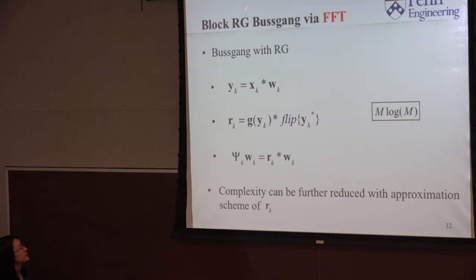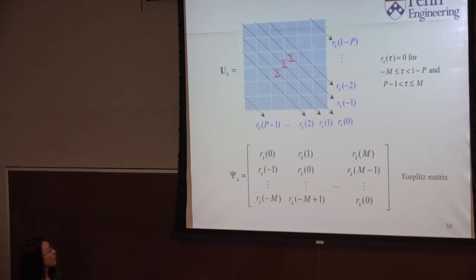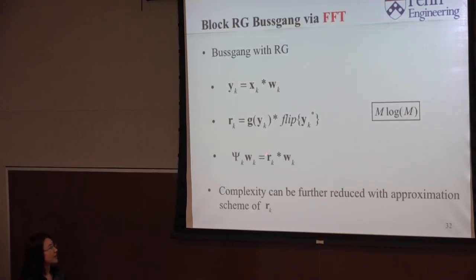For example, with the block relative gradient Pascal algorithm, the equalizer output is a convolution of channel outputs and the equalizer vector, right? And since the terms are the summation of descending diagonals here, we could also get that with some convolution of G and the reverse order of Y.